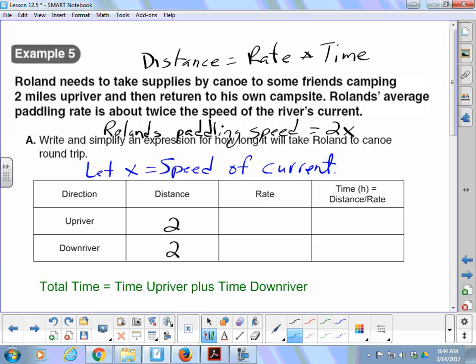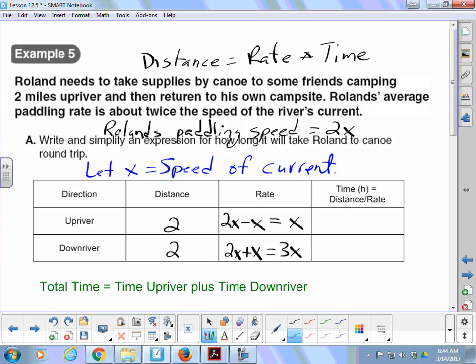So if I'm going downriver, if I can paddle at 2x and the river's going at x, we add those together to get our rate going downriver. And if we're going upriver, since the rate of the current is against me, we subtract those.